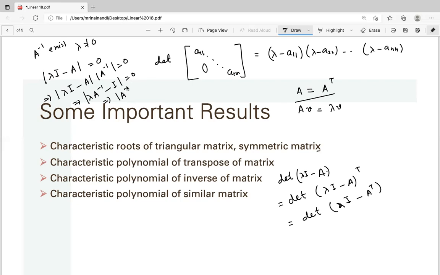Then we get lambda to the power minus 1 I minus A inverse equal to 0, and you can just take the minus out, because it is just minus 1 to the power n. So the roots are the same, not the polynomial or the equation. That is, if lambda is an eigenvalue of A, then 1 by lambda is an eigenvalue of A inverse.